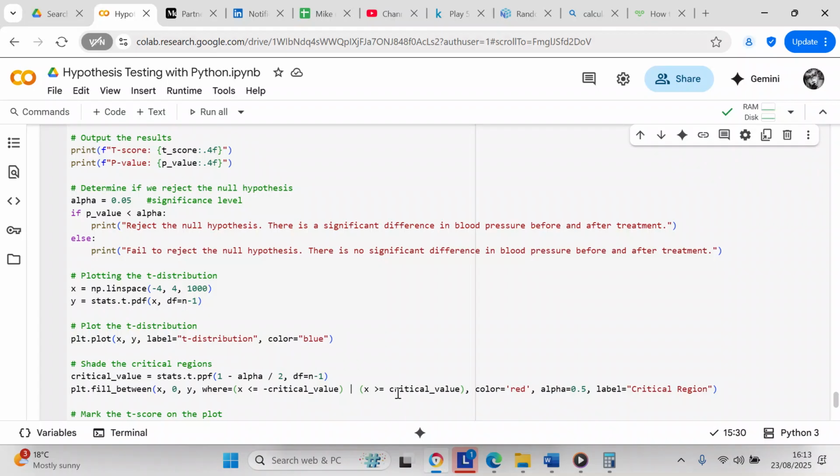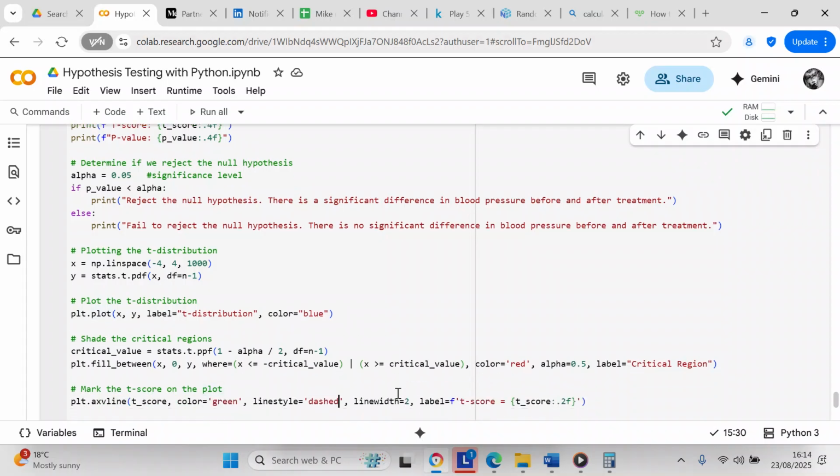Then plt.fill_between(x, 0, y, where x is less than or equal to negative critical value, or x is greater than or equal to critical value, color equals red, alpha equals 0.5, label equals critical region).